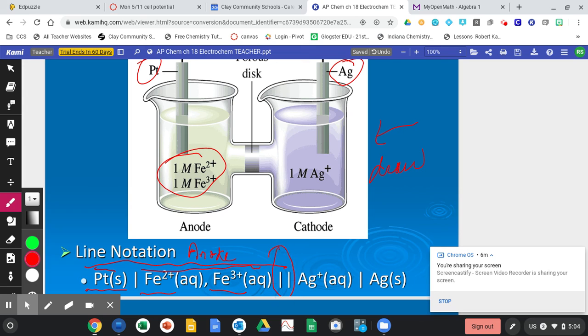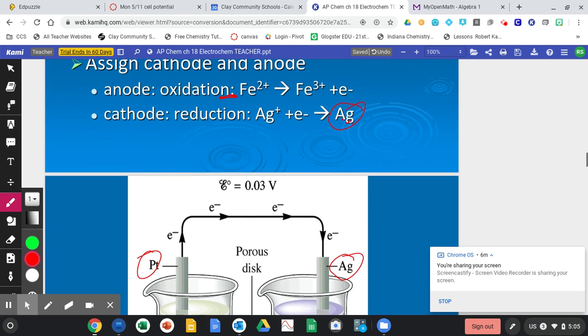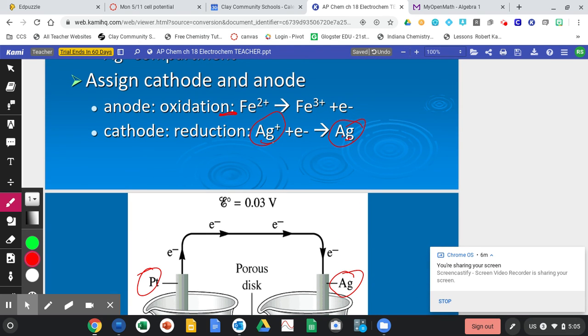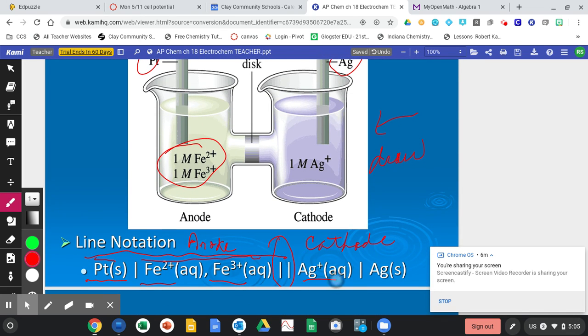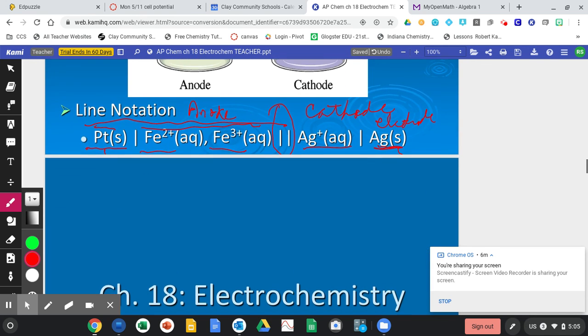Now we're going to bring in our double bar to say, okay, we're ready to talk about what's happening on the cathode side. We go back up to the reaction. The cathode side has silver ion and solid silver. So I'm going to put the silver ion in and the solid silver as the electrode. And so we end with the electrode. So we're going electrode to electrode, which is basically the path of flow.